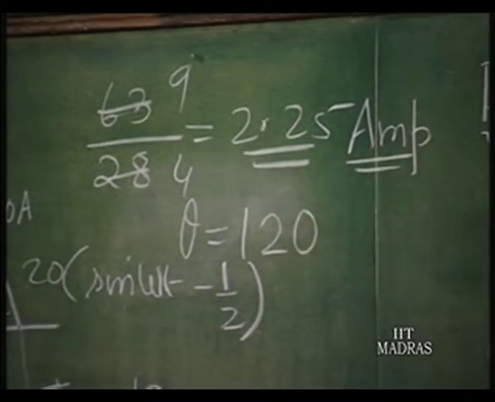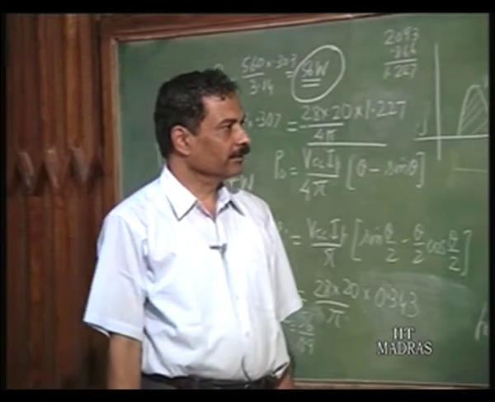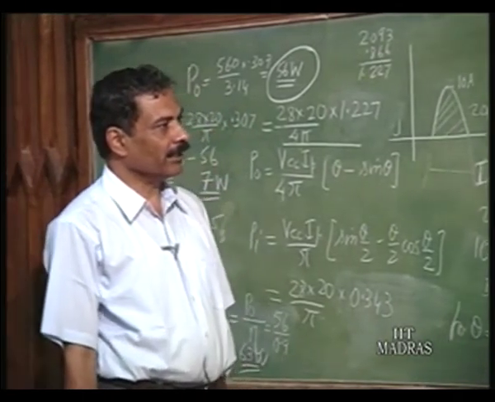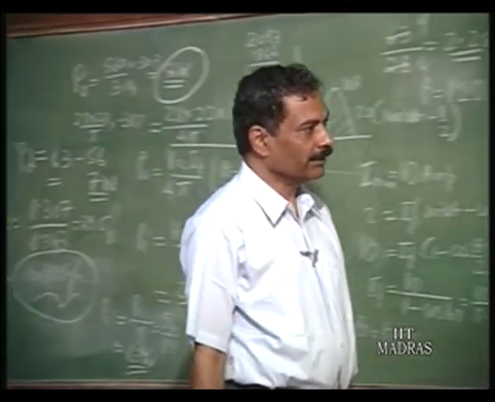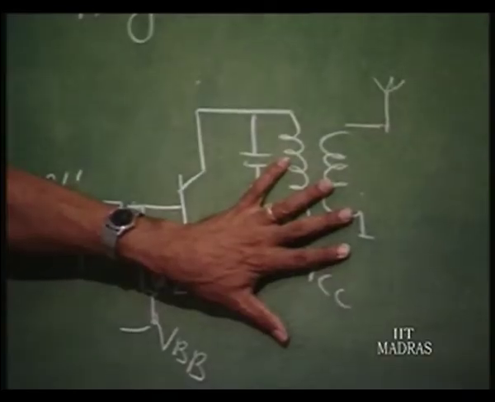So, this is the average current supplied by the battery. Okay. So, this completes in a sense the complete design of the output stage of our transistor power amplifier.